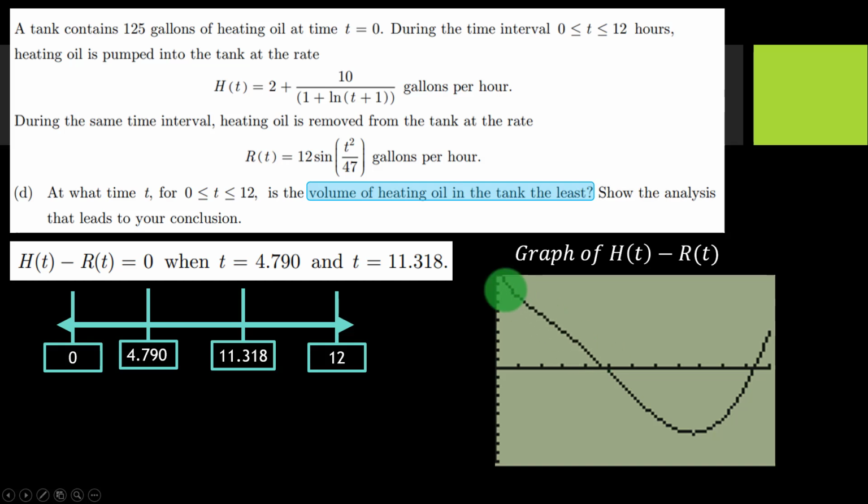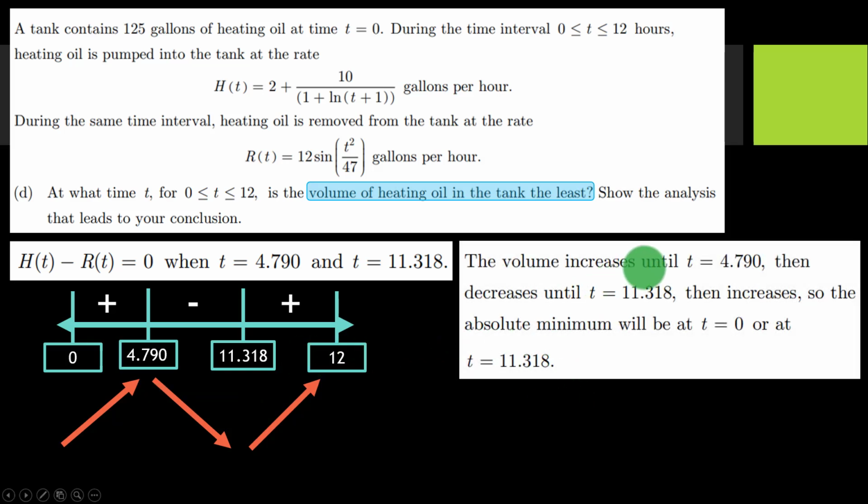If you look between 0 and 4.79 and between 11.38 and 12, it's above the x-axis, which means it's positive. Then between 4.79 and 11.3, it is below the x-axis, which is negative. And let's do the increasing, decreasing part. That's good.